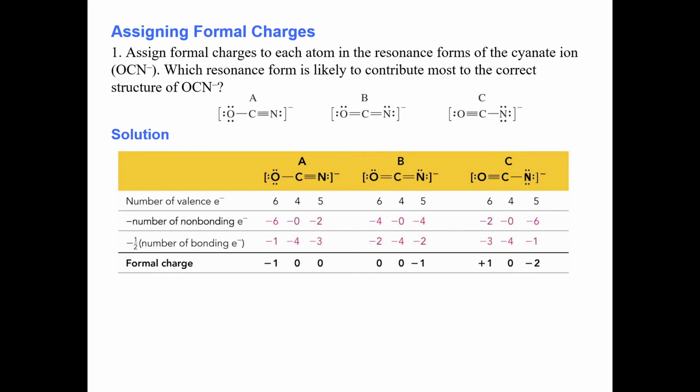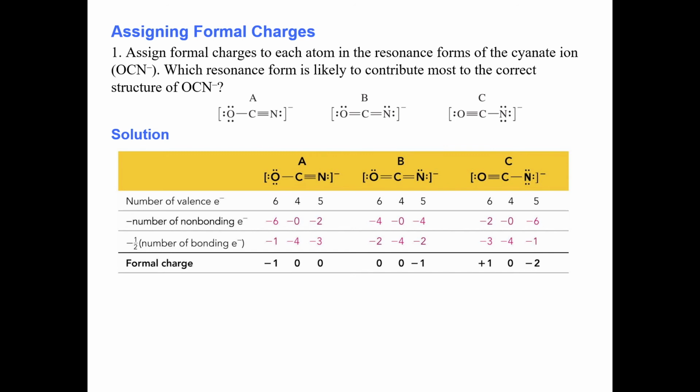So considering that, A and B are at a tie, with one charge being -1 and the rest of them being 0. We can automatically cross out resonance structure C, because we have a +1 charge and a -2 charge. So that's something that we don't want.